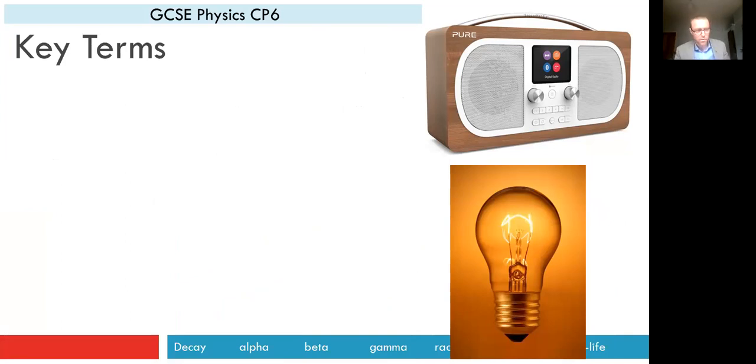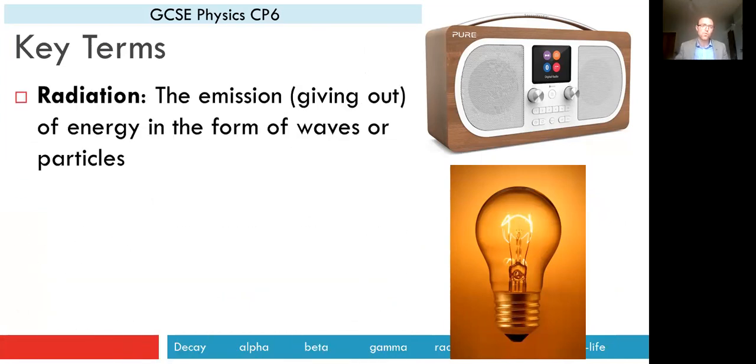So we talked about what we think of when we think of radioactive and nuclear radiation. The key terms, first of all, because I know that it can be confusing, I just want to introduce you to some. We've got radiation, okay? Radiation means the emission, the giving out of energy in the form of waves or particles. So this doesn't have to be nuclear radiation.